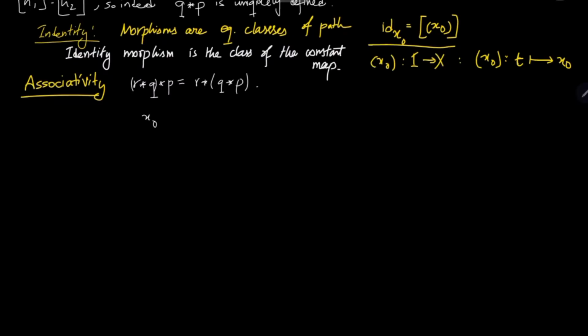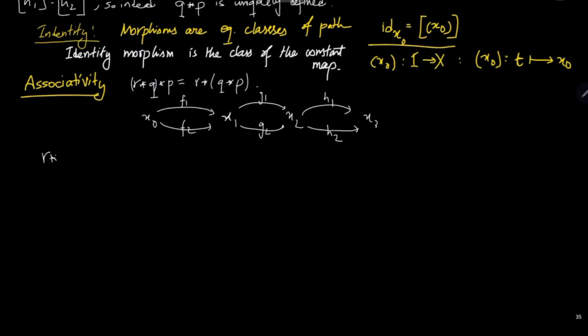Let's say from x0 to x1 you have got f1 and f2, from x1 to x2 you get g1 and g2, and from x2 to x3 you get h1 and h2.